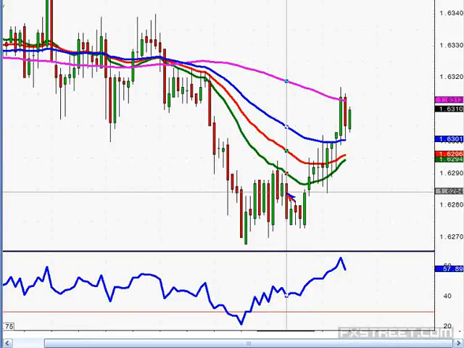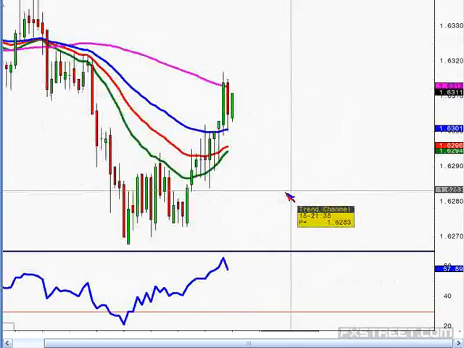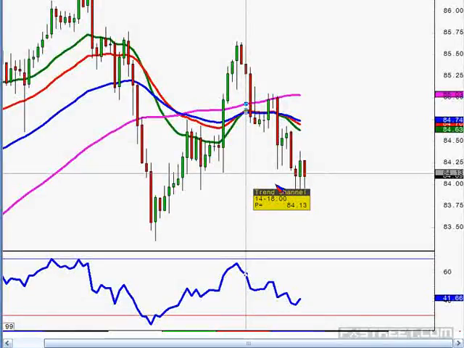Also, I think there is US CPI data out, so you have to be pretty cautious, especially when you are approaching a weekend. That is what you need to take note of on this instrument.